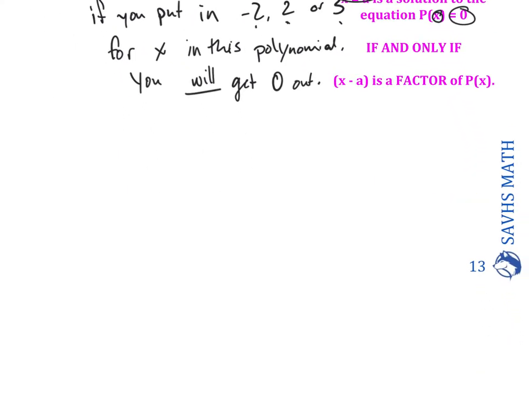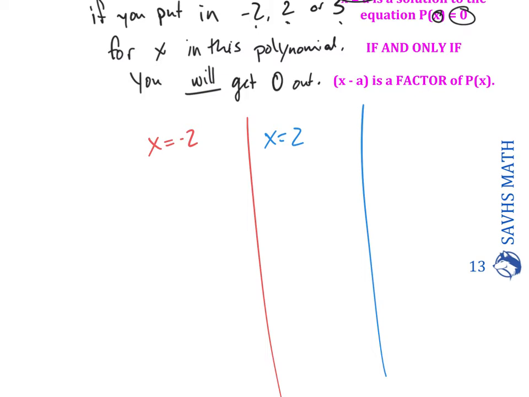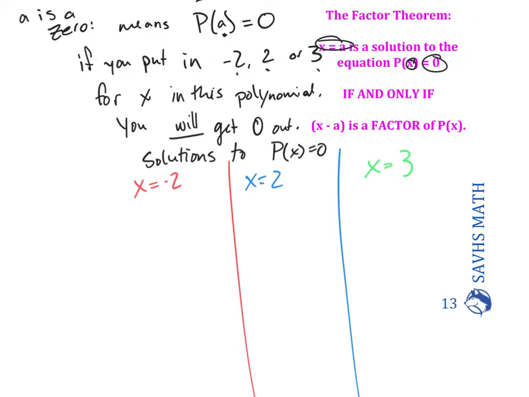So X equals -2 is a solution. X equals 2 is a solution. And X equals 3 is a solution. So the solutions that we have are X equals -2, X equals 2, and X equals 3. We can use the factor theorem to say then X minus A is a factor.